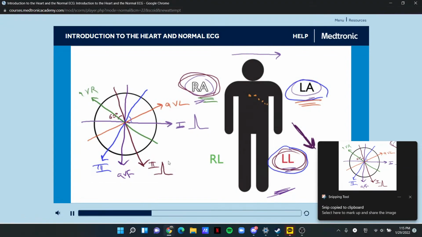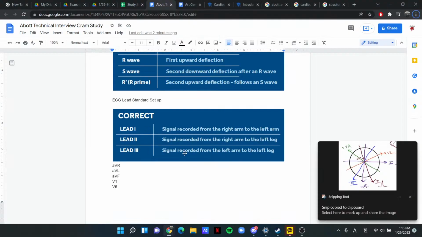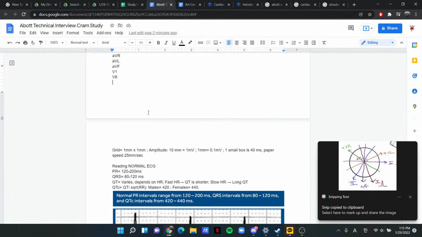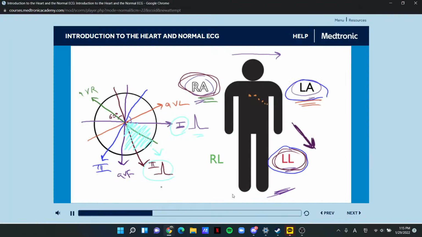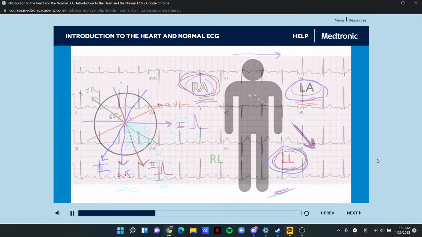The P wave during a normal rhythm should be traveling down and towards the left, and so it should record a positive deflection in lead 1, in lead 2, and also in AVF. Let's look at a normal rhythm recorded on a 12-lead ECG.